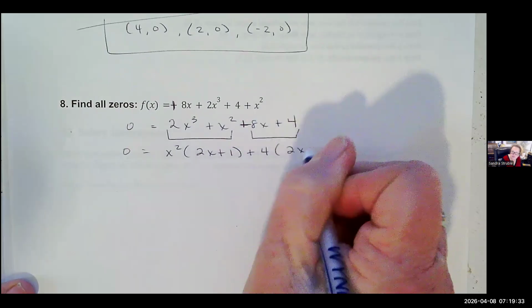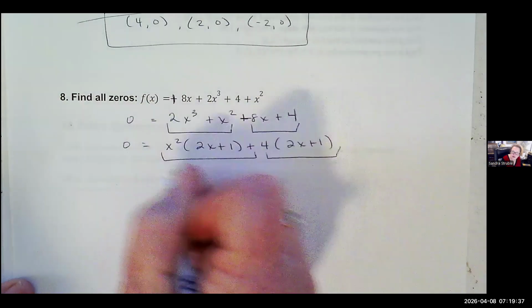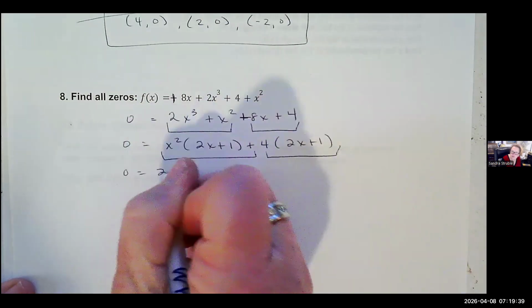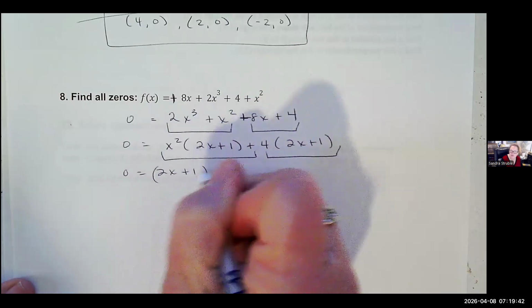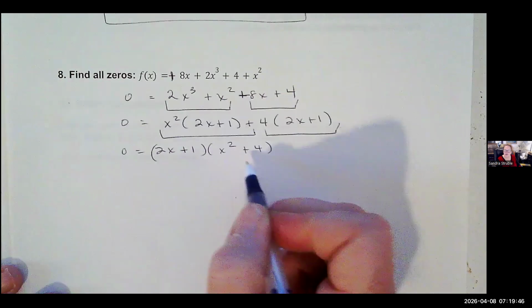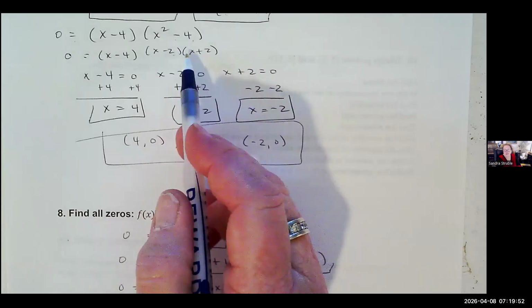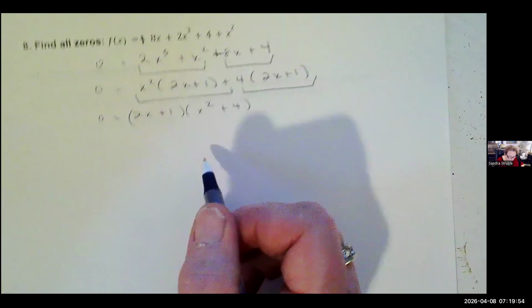Between these 2 terms here, they both have 2x plus 1 in common. X squared plus 4 is left. You cannot do what we did up here and factor it into the 2 binomials. That was a difference of 2 squares. You cannot factor the sum of 2 squares the same way.